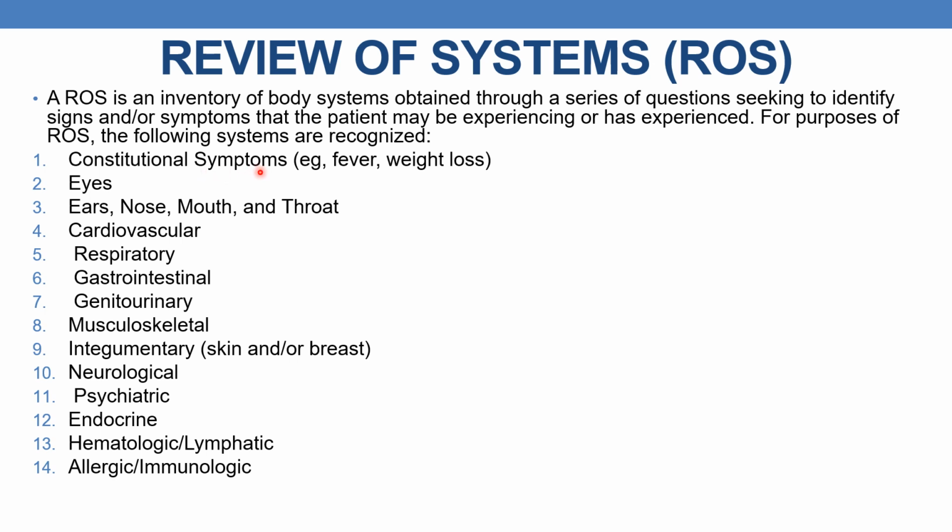Constitutional symptoms, eyes, ears, nose, mouth and throat, cardiovascular system, respiratory system, gastrointestinal, genitourinary, musculoskeletal, integumentary, neurological, psychiatric, endocrine, hematologic or lymphatic, allergic or immunologic. These are the 14 systems that have been recognized for the purpose of ROS.